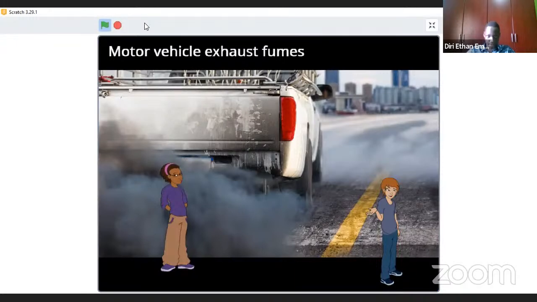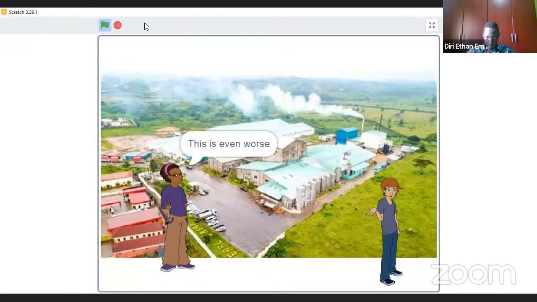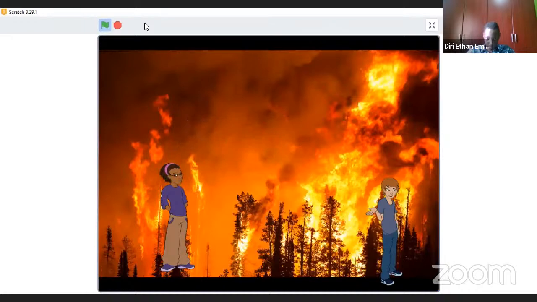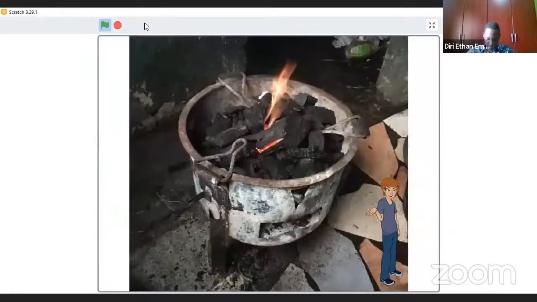This is bad. Industries. This is even worse. Forest fires. Oh no, how should we stop this? Last but not least, using charcoal burning stoves.